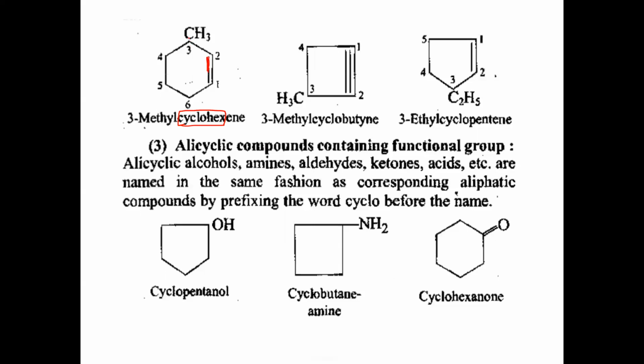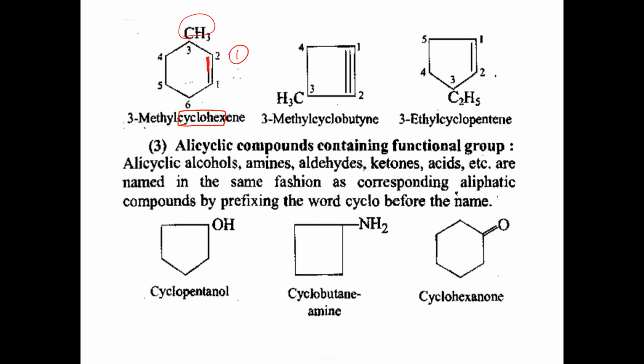See here, this methyl branch is there, at the third carbon. Now we have to give the lowest possible number to the double bond. So if you start number 1 here, first carbon, second carbon, third carbon, 3-methyl is coming here. So 3-methylcyclohexene.